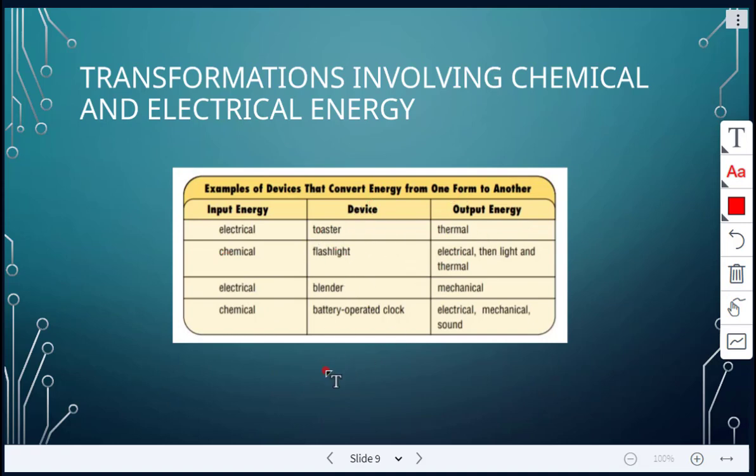A flashlight is battery powered, so chemical energy is the input, the output would be light, but thermal as well, because there is waste heat. A blender, input energy would be electrical, output energy is mechanical. A battery operated clock, input energy is chemical, and then output energy is electrical, mechanical, and sound. Those are just some examples.